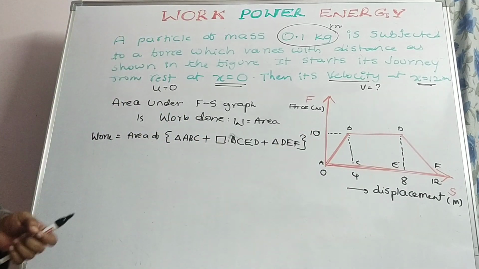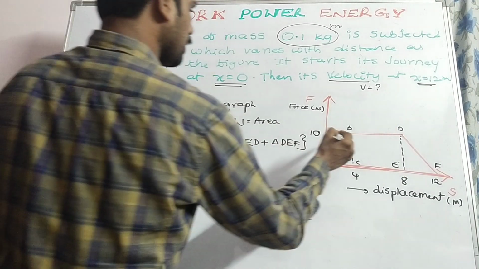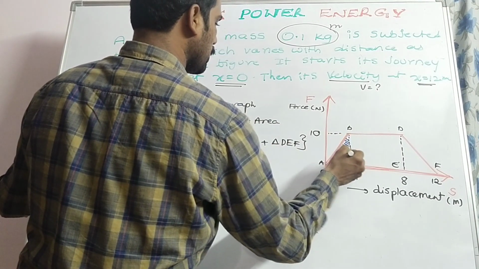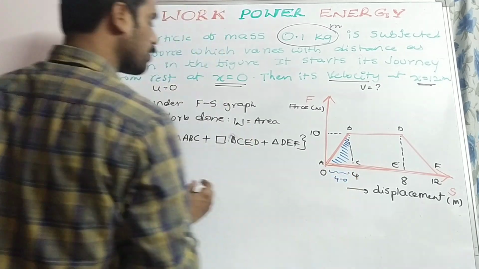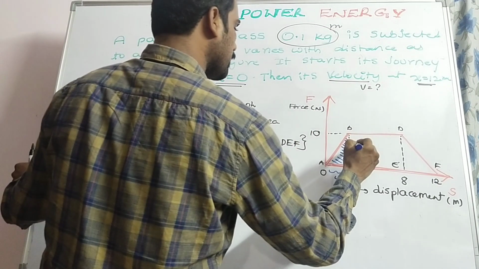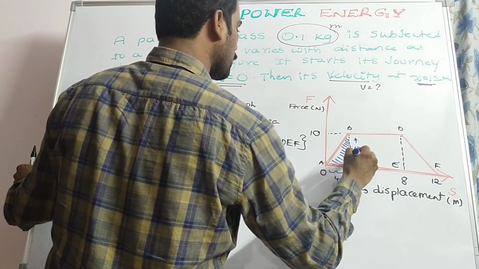This is the area we have to find. Of course, here is the first portion. The difference 4 minus 0 is the base, and what about the height? Height is nothing but 10.